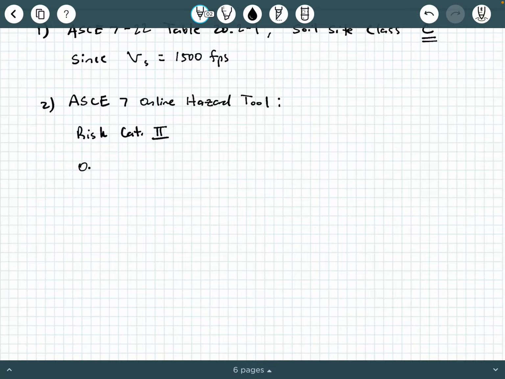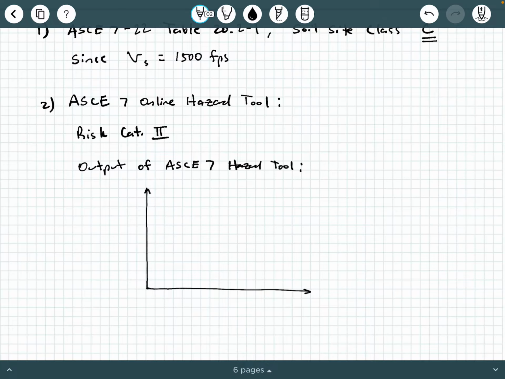The output of the ASCE 7 hazard tool, when you click on the details option, the first plot you see is the multi-period design response spectrum. And of course, you're going to get a graph that looks something like this. This is going to be your spectral acceleration, which is really a percentage of g, a percentage of acceleration due to gravity.